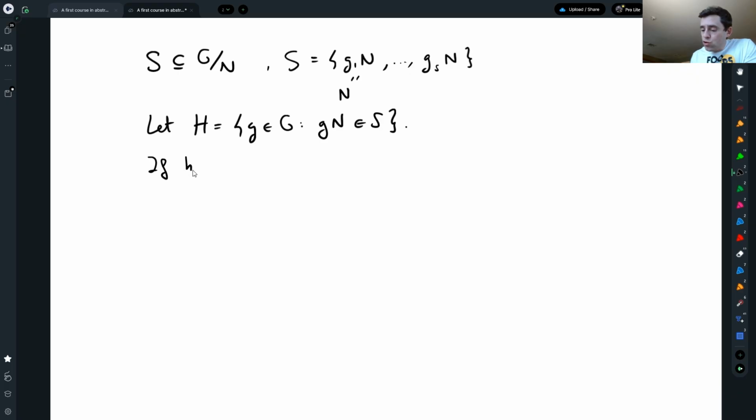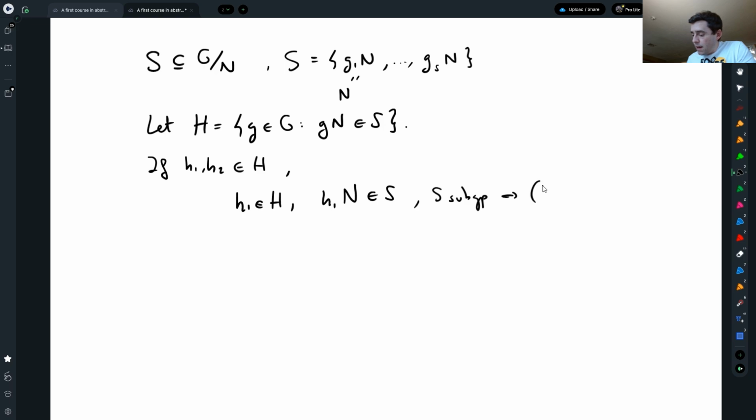Now if h1 and h2 are in H, then I want to show you that the product of those two will be in H, and that it is closed under inverses. So first of all, if h1 is in H, then h1 inverse is also in H, because if h1 is in H, that means by definition that h1N is in S, and S is a subgroup.